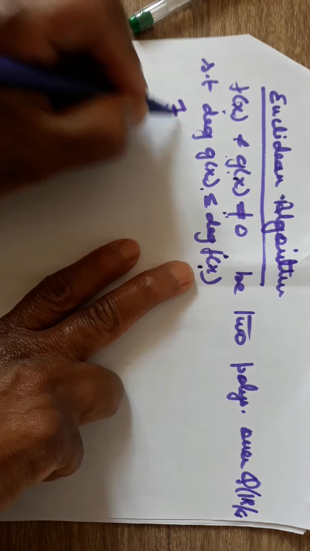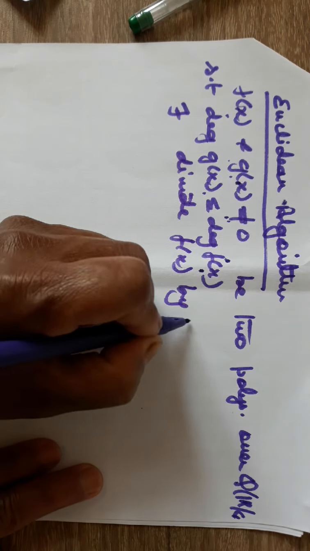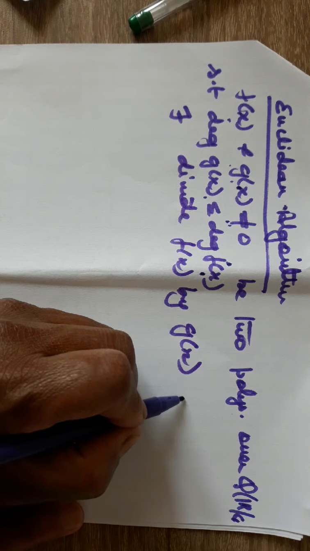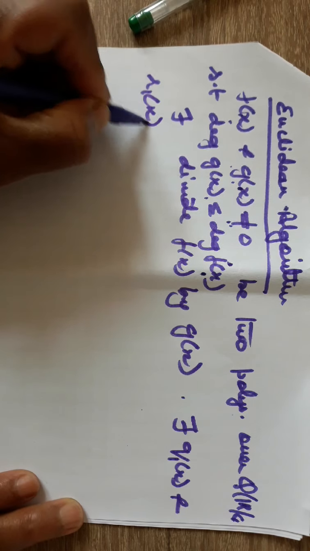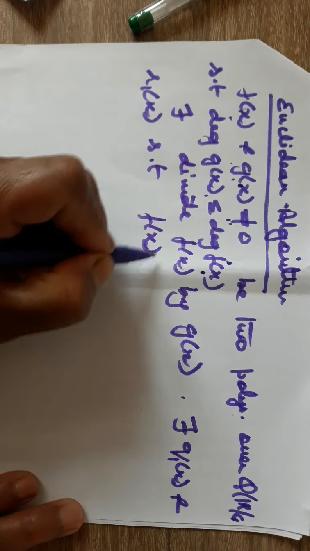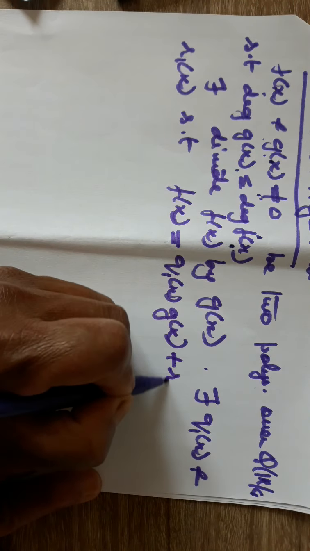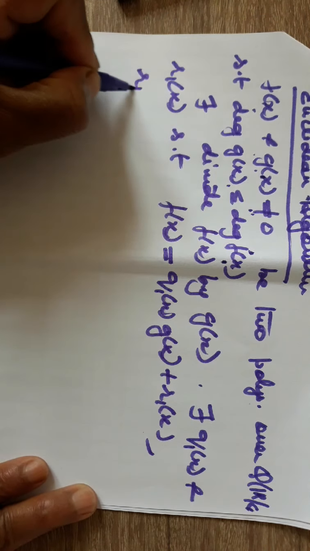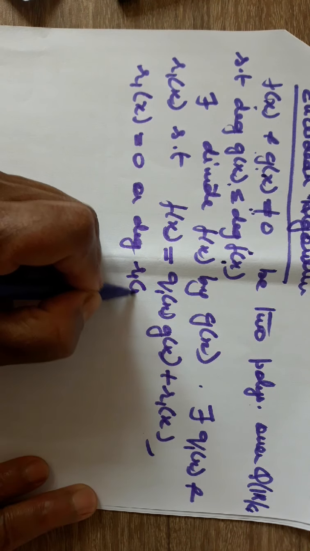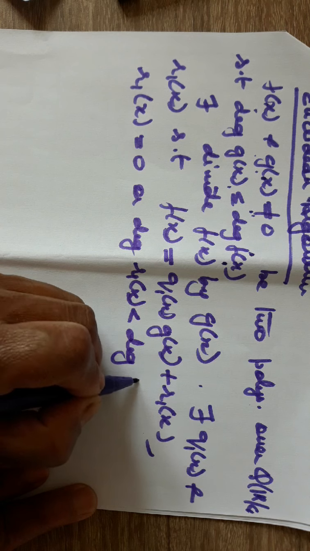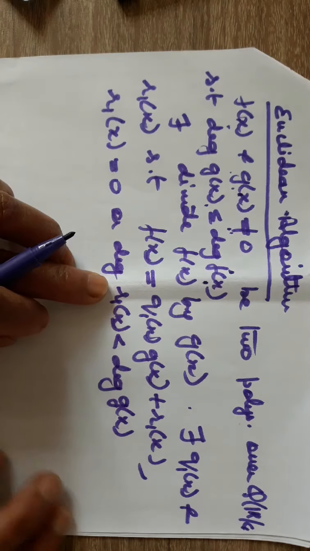By the division algorithm theorem, there exist polynomials q1(x) and r1(x) such that f(x) can be expressed in the form q1(x) times g(x) plus r1(x), where r1(x) is either equal to 0 or the degree of r1(x) is less than the degree of g(x). Here g(x) is called the divisor and q1(x) is called the quotient.